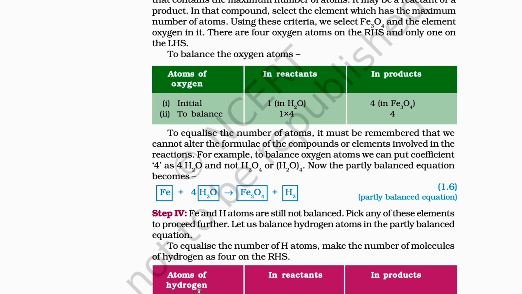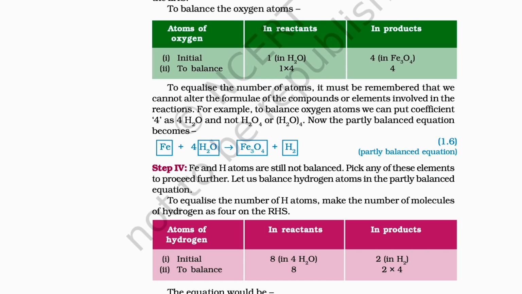Atoms of hydrogen initially in reactants 8 in 4H2O, in products 2 in H2. To balance, in reactants 8, in products 2 into 4. The equation would be Fe + 4H2O converts to Fe3O4 + 4H2, partly balanced equation.